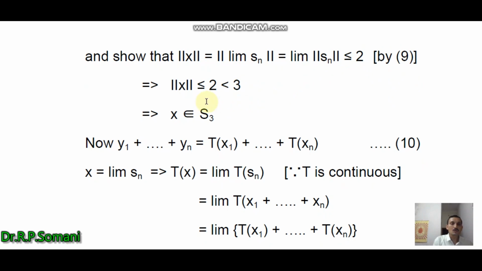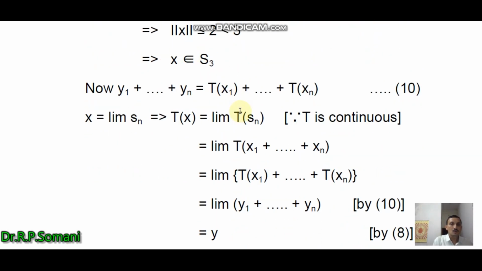Therefore the norm of x is less than or equal to 2, which is less than 3, therefore x belongs to S3.